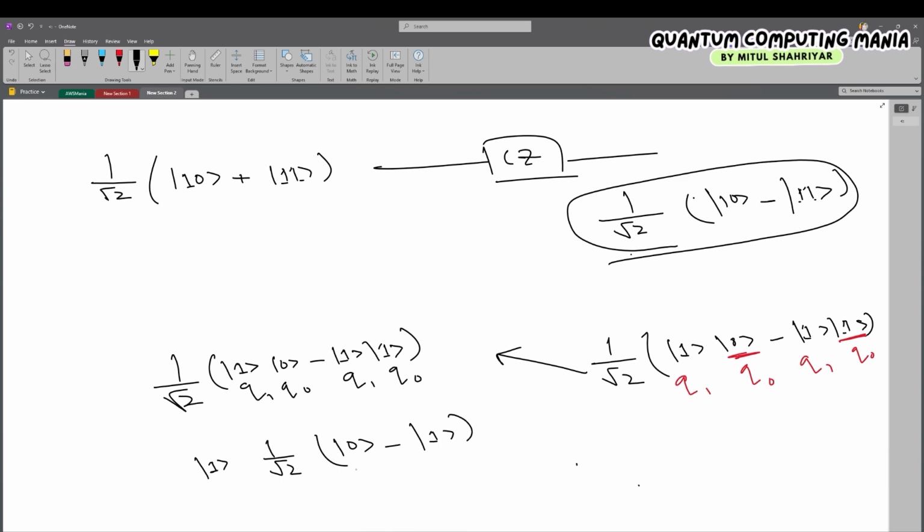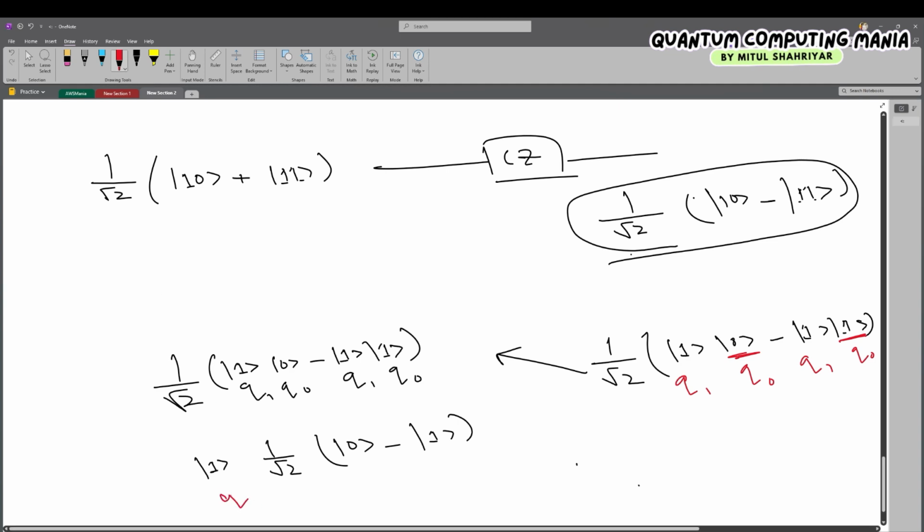No problem. These are all our qubits, right? This one is our qubit 1. This whole thing is part of our qubit 0. So you can assume that, but it is not good practice.